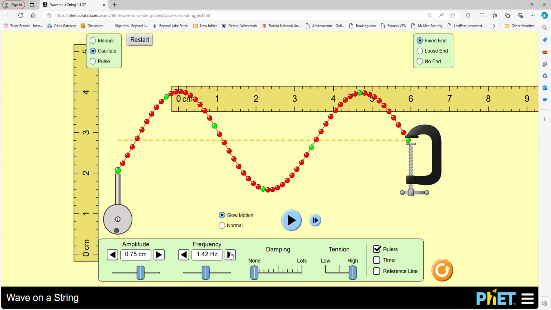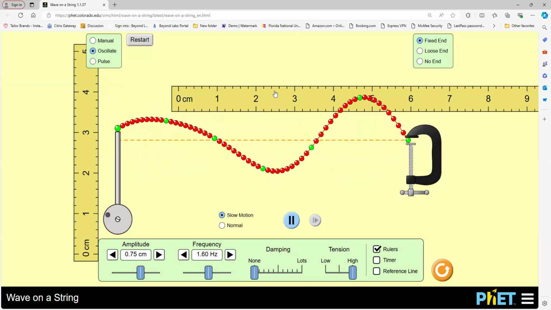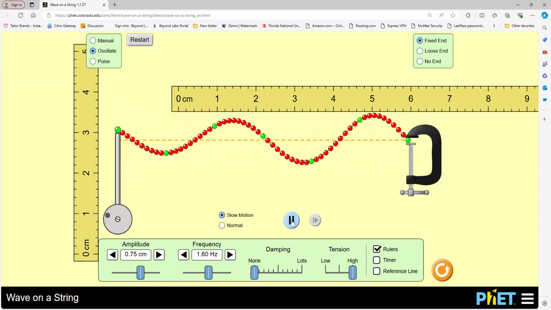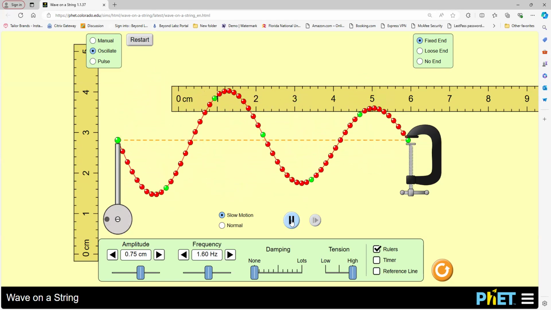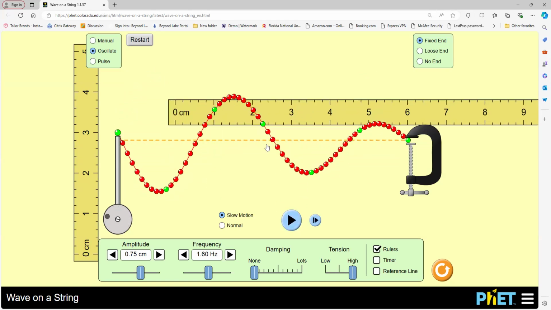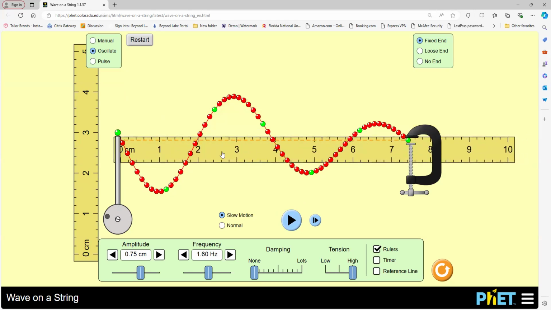I will later increase the frequency to 1.60. When we increase it to 1.60, I will stop again here and measure the new wavelength for this new frequency. Now the wavelength, that is the distance from this point to this point, is about 4 centimeters.